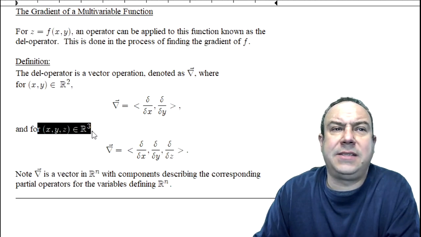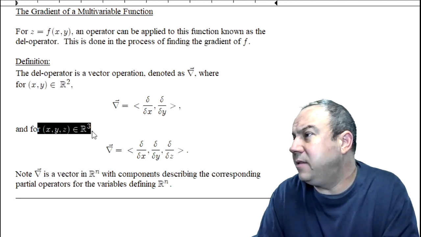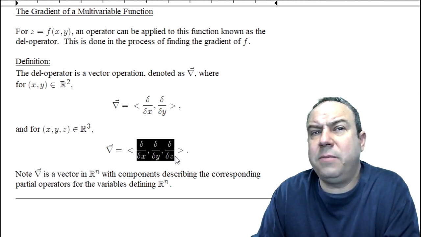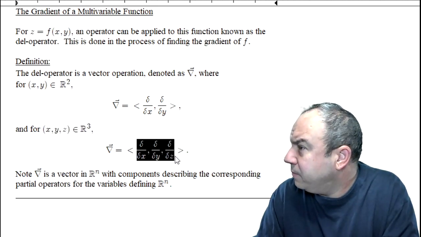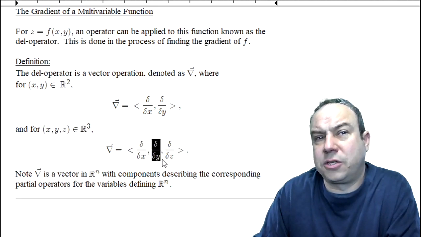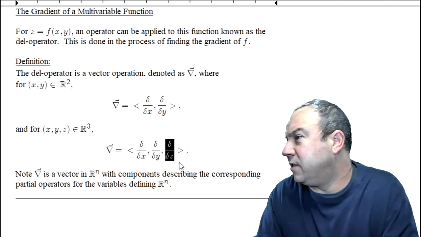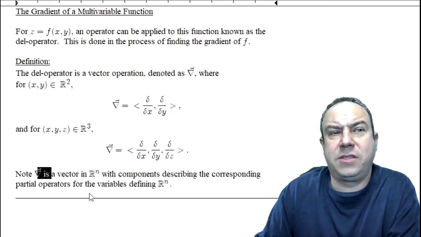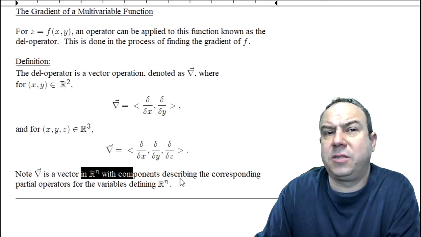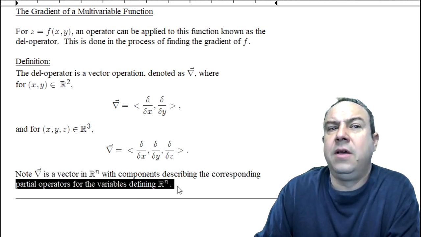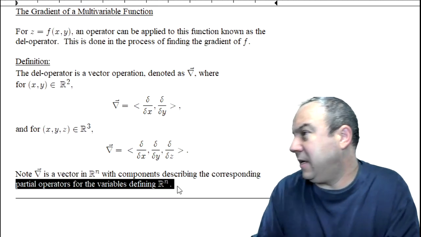And for x, y, z contained in three-dimensional space, the del operator is itself a three-dimensional vector operation where each component is made up of the partials for x, y, and z respectively. The del operator is a vector in n-dimensional space with components describing the corresponding partial operators for the variables defining that space.